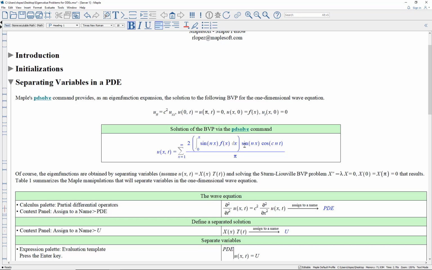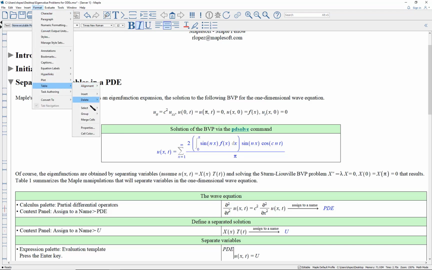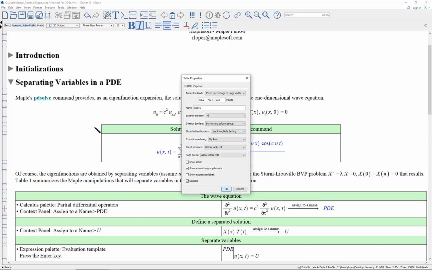Now, if you want to see the command hiding behind here that did this, I'll show you this once because it's a device I use a lot. Hide the input behind the cell in which the output appears. So go up here to Format, Table, Properties.